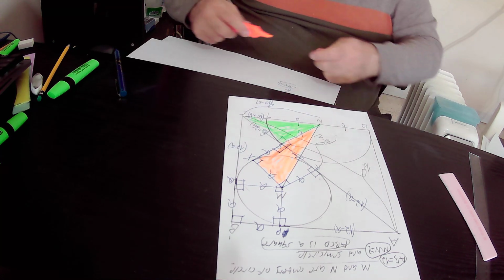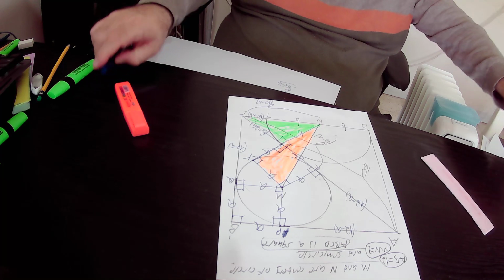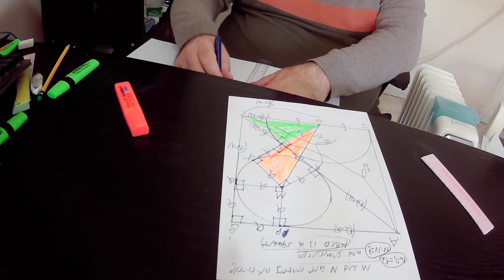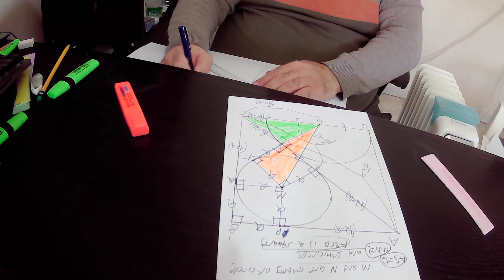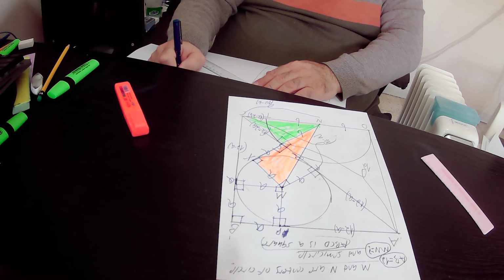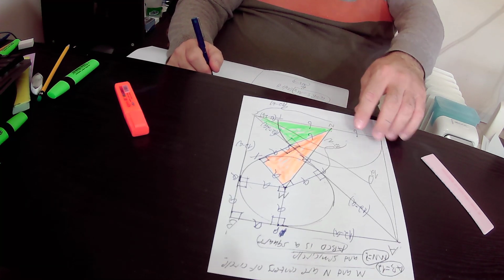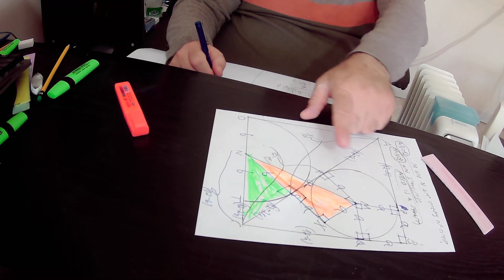According to the Pythagoras theorem on the right orange triangle MXN, the square of the hypotenuse is MN squared.